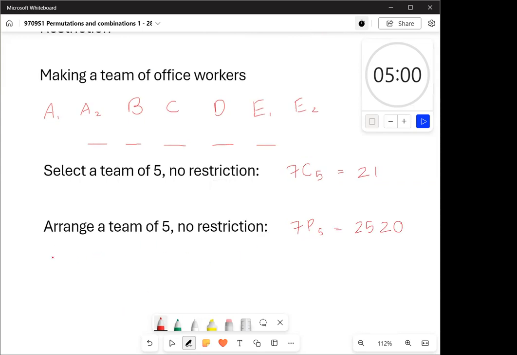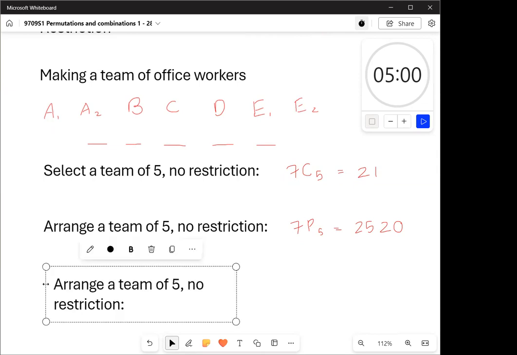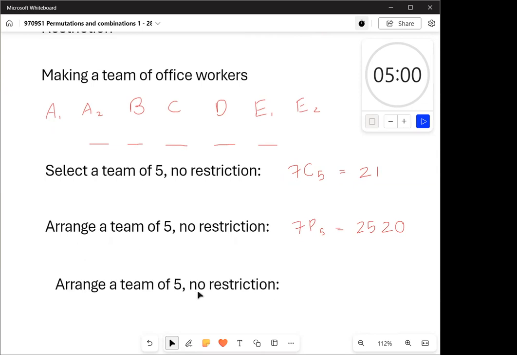Right, now, we need to make sure the couples, A1, A2, and E1, E2 sit together.